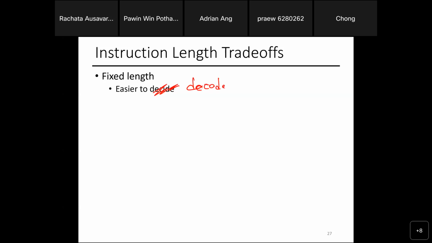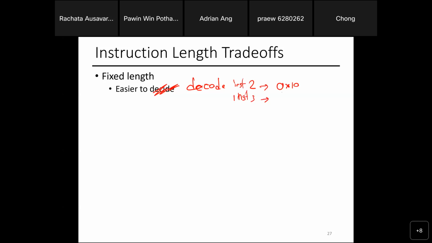Fixed length is easier because every instruction will have a certain size. So let's say you're at instruction 2, and the address is at 0x10. Quick question. Where is instruction 3? If I say each instruction is 4 bytes, where's instruction 3?